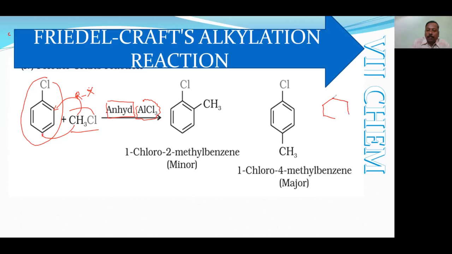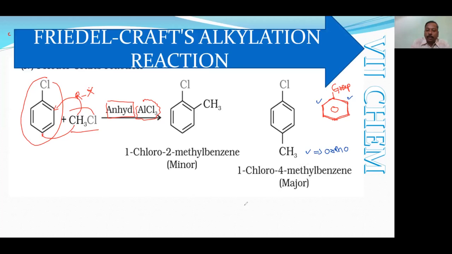There are three active positions. I will mark them here, because from the basics I want your organic to be strong. So this is the benzene. Now if I substitute one group here, this is called a mono-substituted benzene, and there will be three types of active sites over here. This blue tick represents the ortho position.